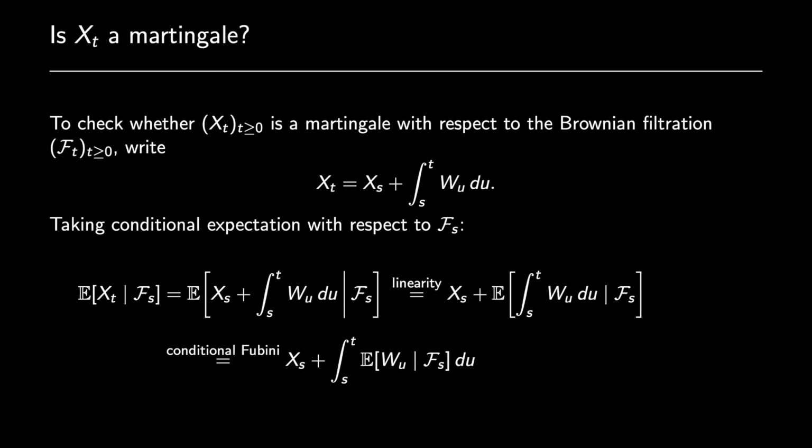Now we apply Fubini's theorem in its conditional form, which allows us to exchange the conditional expectation and the integral. Next, we use the property of Brownian motion. For u greater than s, the conditional expectation of W_u given F_s is equal to W_s. Since W_s is constant in the last time integral, this simply becomes (t minus s) times W_s.